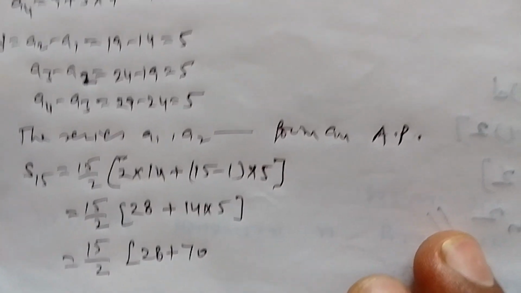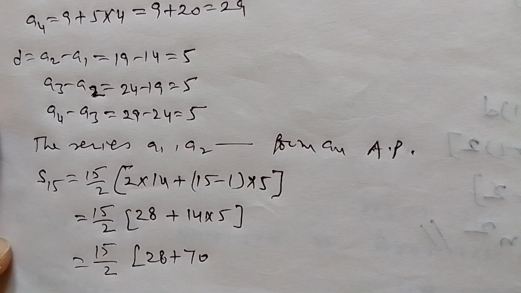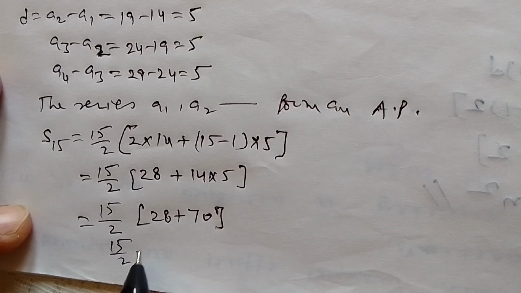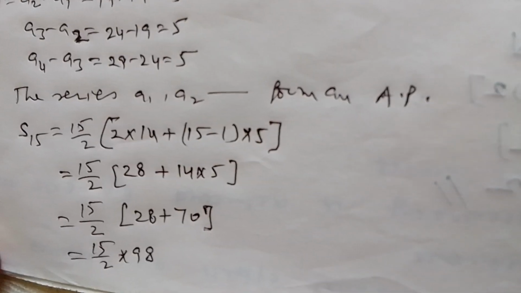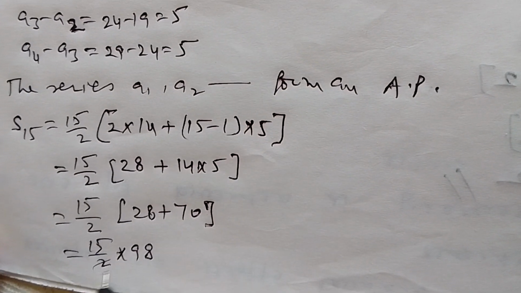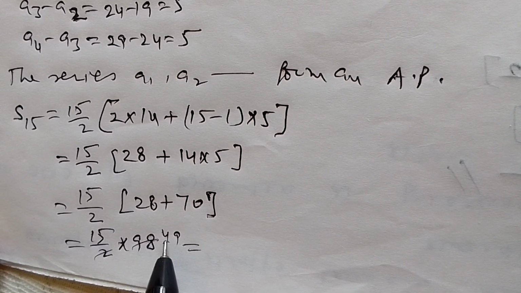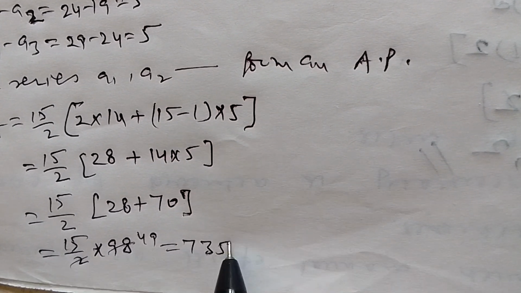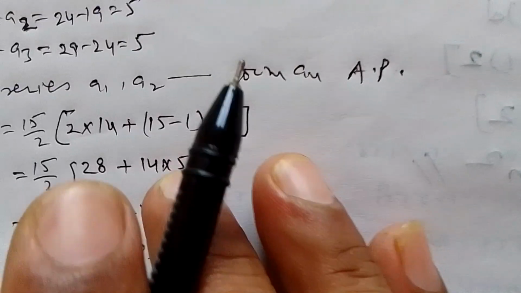So it comes out to be 15 by 2 times 28 plus 70, which is 15 divided by 2 multiplied by 98. So 2 cancels with 98, and it comes out to be 49. 15 multiplied by 49 comes out to be 735. So the sum of 15 terms comes out to be 735.